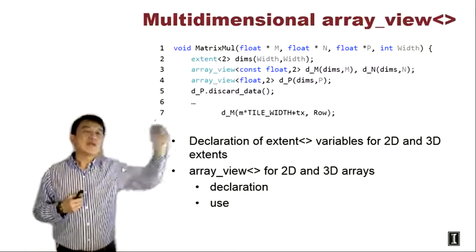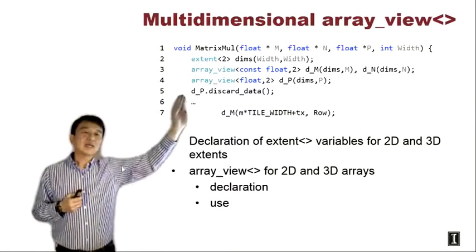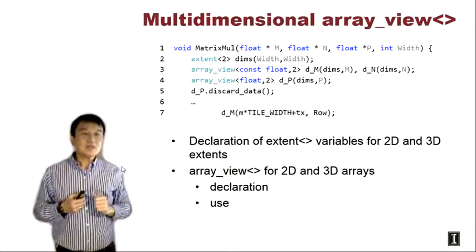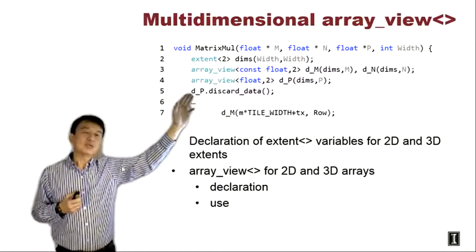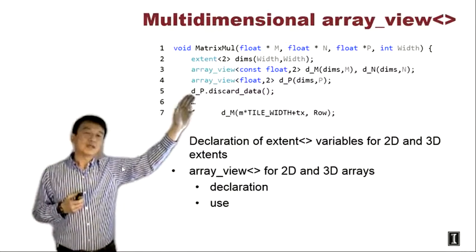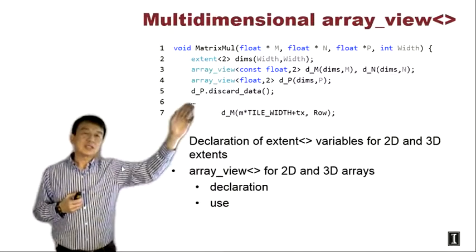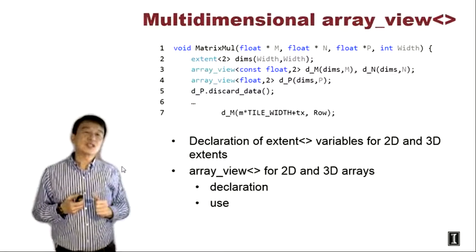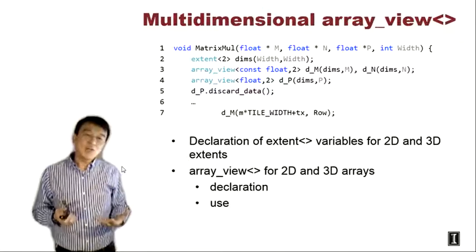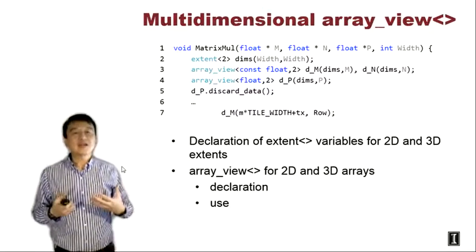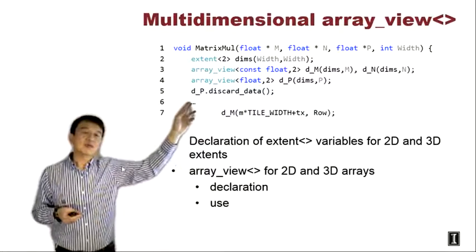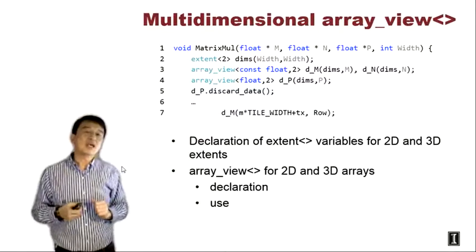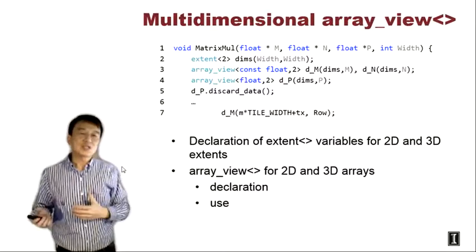We do the same thing for n, and then we can also declare the variable p, array view d_p for the product. So we still have the discard_data, meaning that this is output, so the existing value in p doesn't matter, and this will prevent the compiler from copying any of the existing p data into the device.